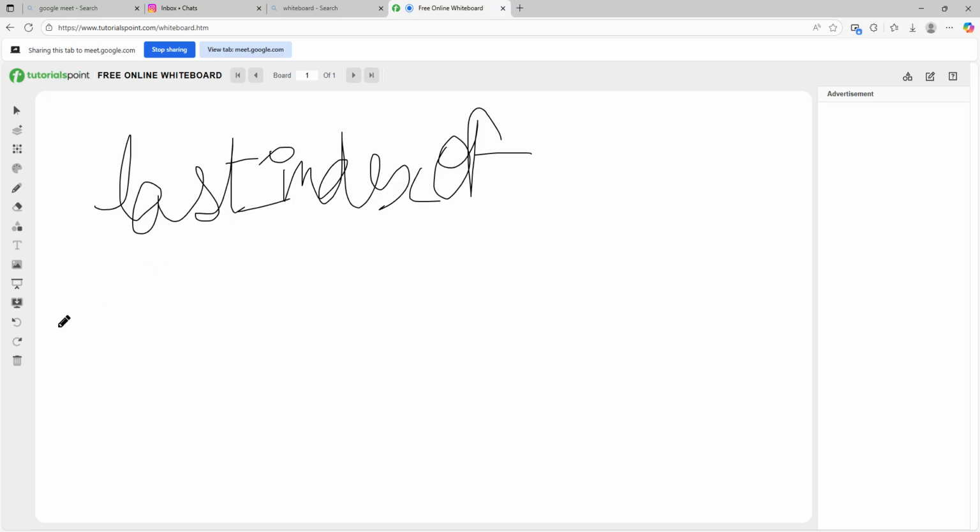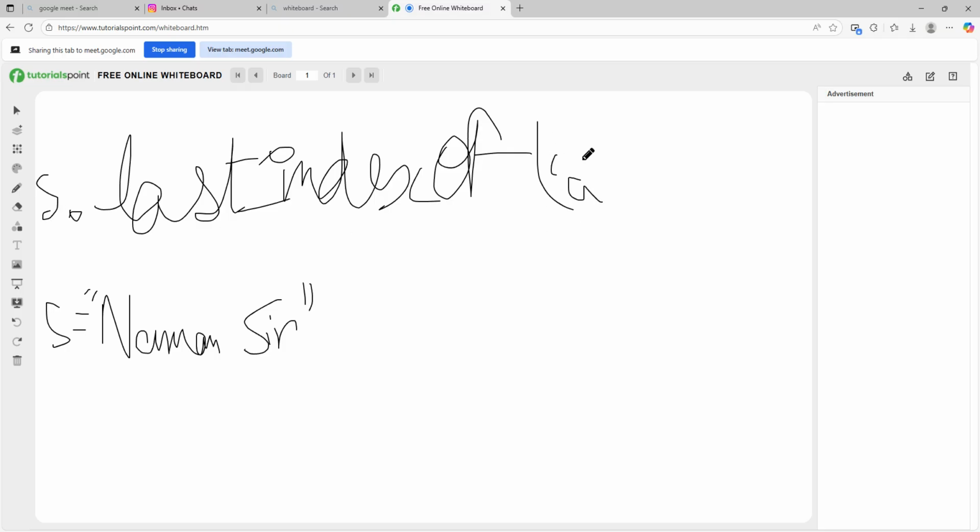So again we have S equal to Naman space sir. Now S dot last index of, let's say A. It will start from backwards, from the last. It will check from here, and it came across this A because it started from the back.